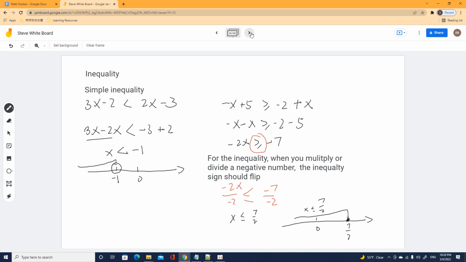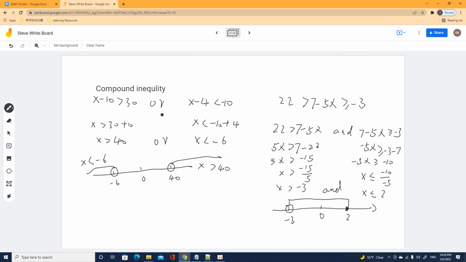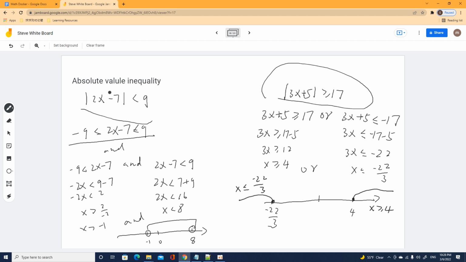The second type is the compound inequality. Compound inequality has or and and. No matter whether it is or or and, you just solve it and express the result on the number line. The third type is the absolute value inequality.